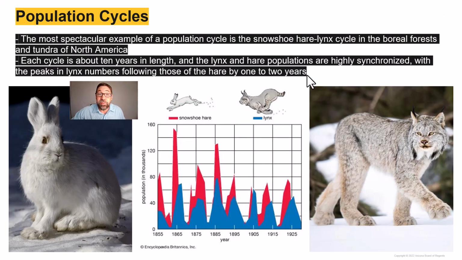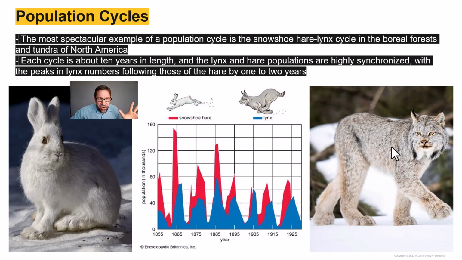The most spectacular example of a population cycle, and it is in every ecology textbook, but I still really want to cover it, is the snowshoe hare and the lynx population, predator-prey dynamic population cycle that occurs in boreal forests and the tundras of North America.